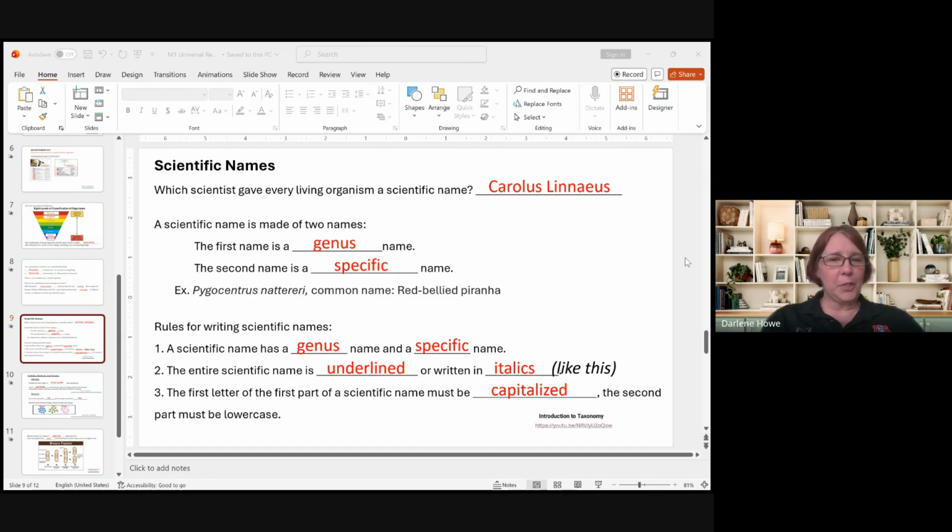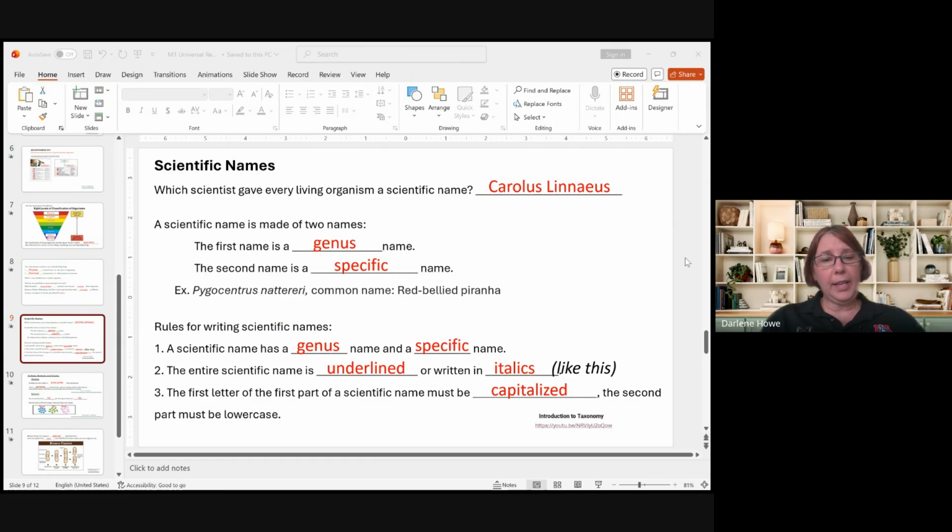So the first part, Pygocentrus, is the genus name, and nattereri, or however you say it, is the specific or species name. There will be other organisms that are called Pygocentrus, but they will not have the specific name the same. Only one organism, one species is going to have that last name.